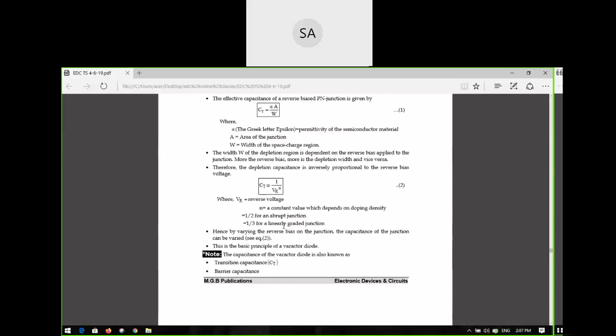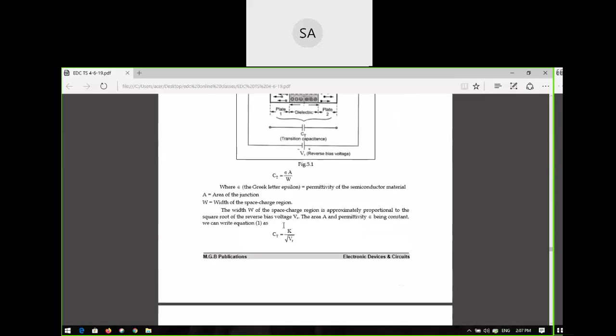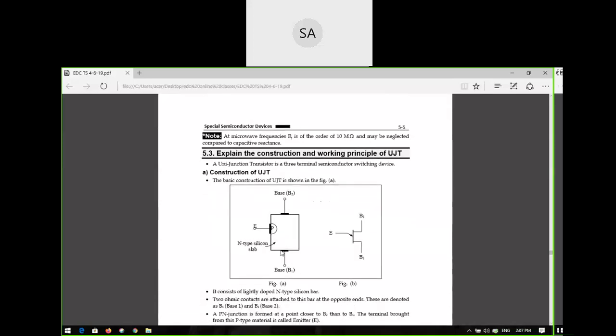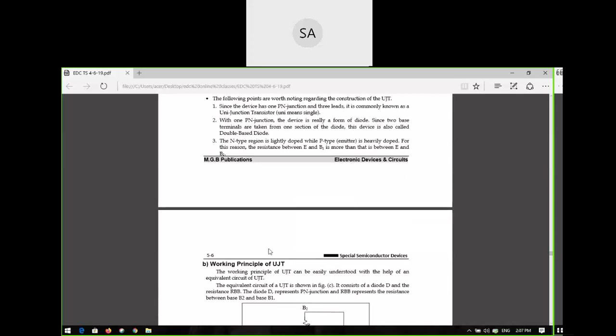So this is your today's class. In the next class, we will see other devices like UJT, photodiode, and phototransistor. Is it clear, all of you? You have an exam on the 22nd, correct or not?